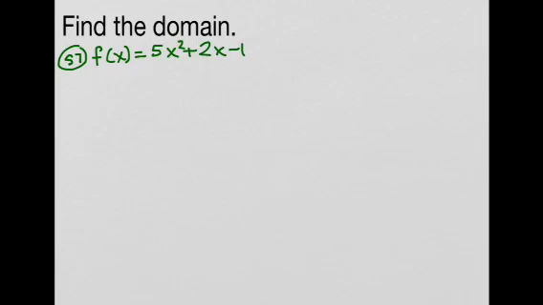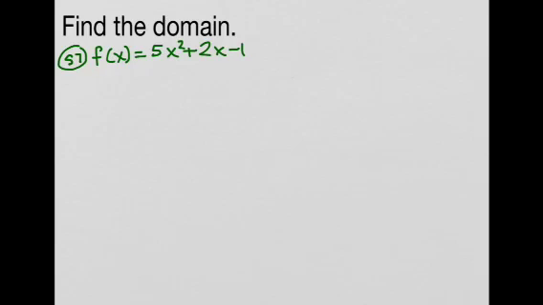For 57 through 66, we need to find the domain of each function. So 57 is a polynomial. And remember what I said in class, we start off with assuming that the domain is all reals, and then we look to see if the function itself has any of the restrictions that we mentioned. So it's going to be x in the denominator or x inside a square root.